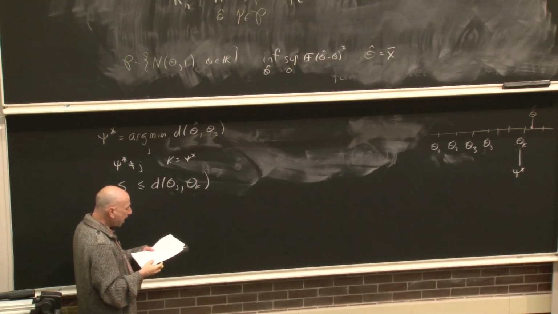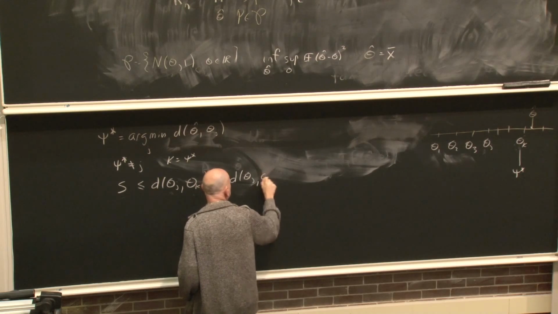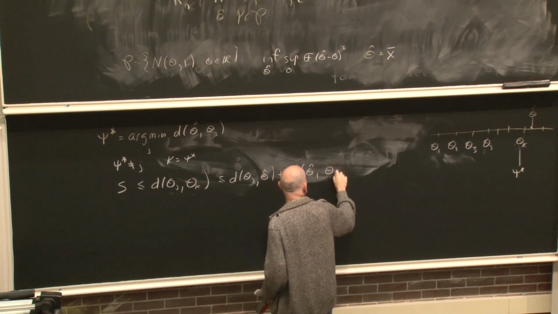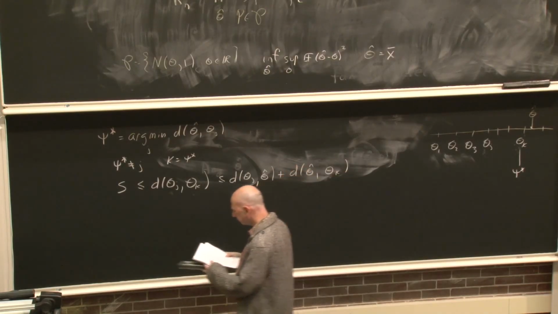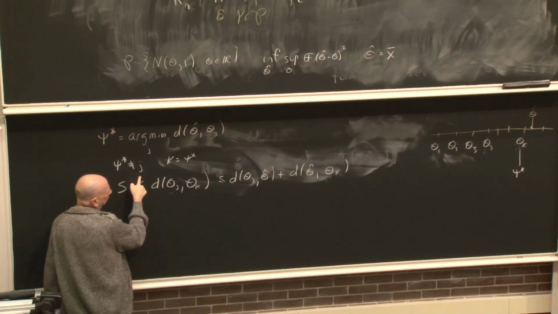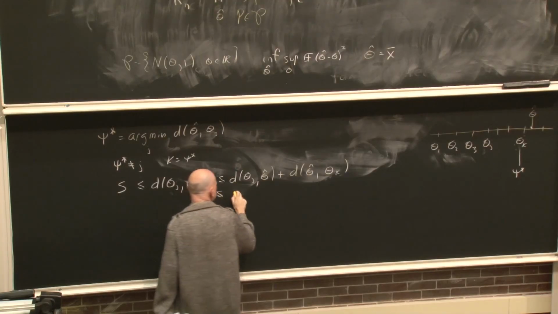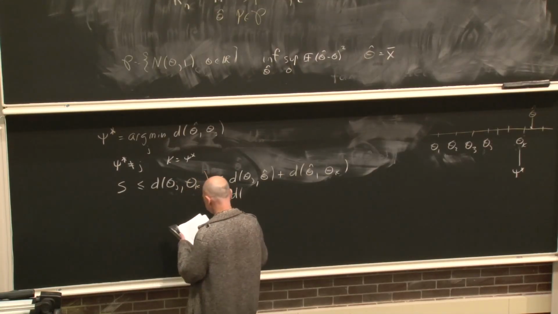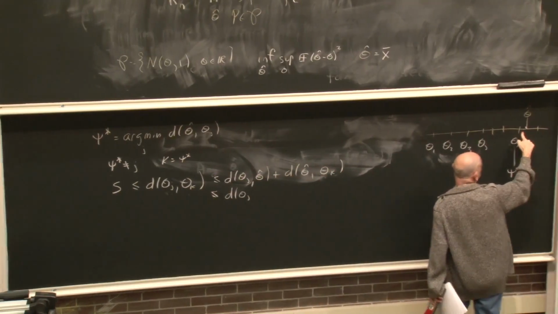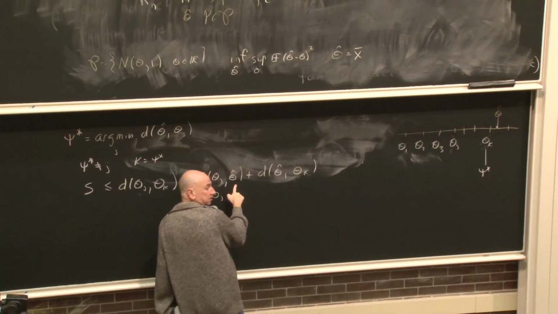Okay. And now I'm just going to do the triangle inequality. This is less than or equal to the distance between theta j and theta hat plus the distance between theta hat and theta k. But we're under the assumption that you've picked the wrong one, that this is further than this. In other words, theta hat came closer to the wrong one instead of the right one. So this came out less than this distance.